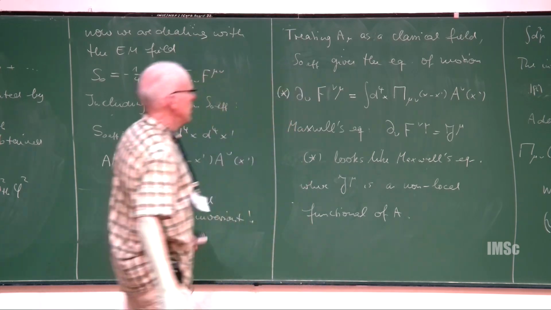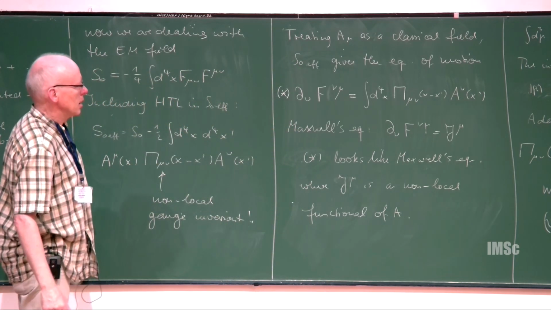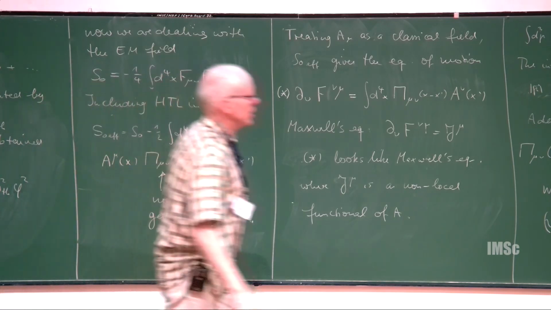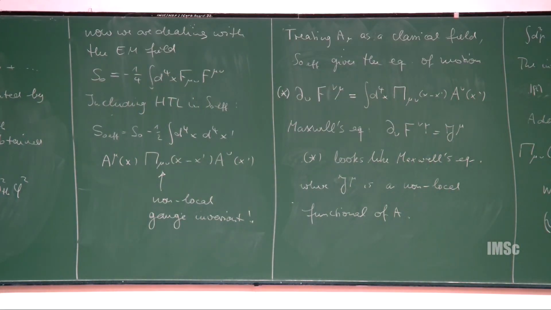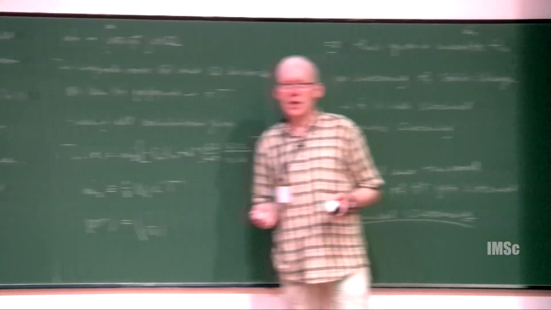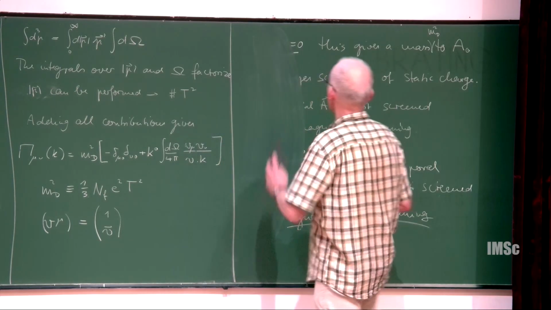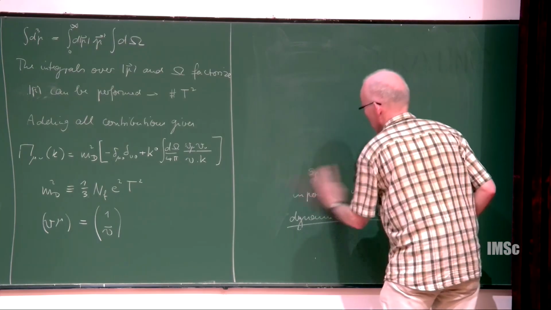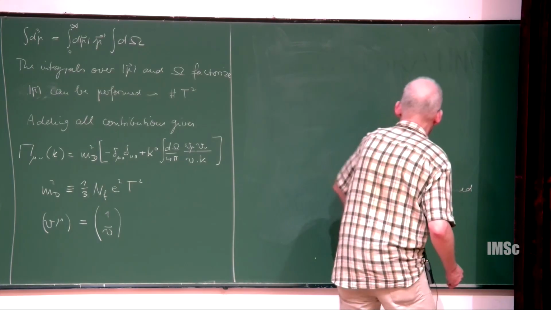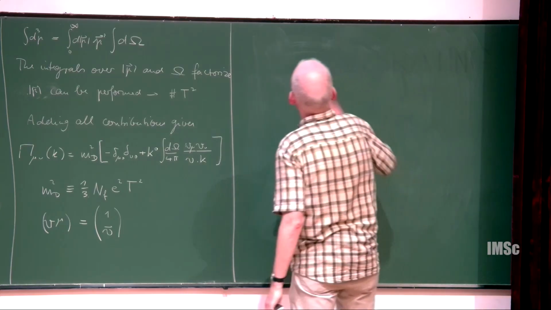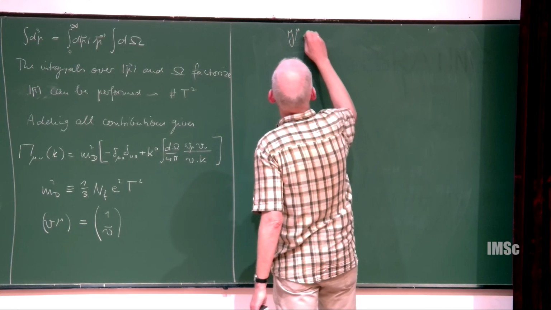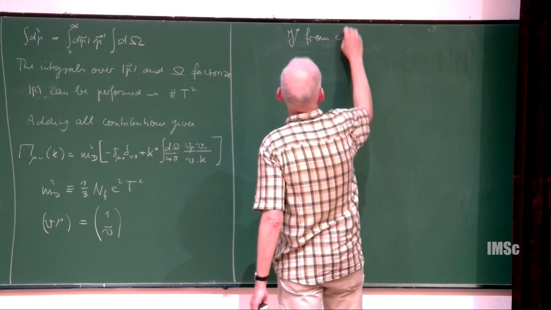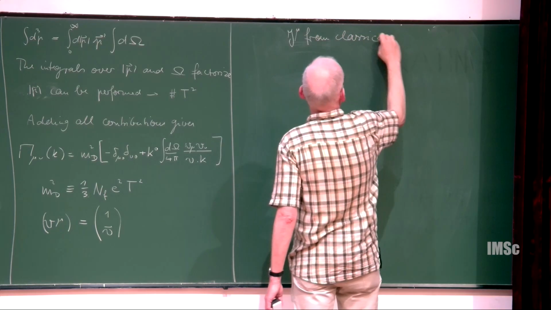Yeah, this looks very strange and complicated, but now I show you, well, I rederive the current here by looking at classical plasma physics. So I completely go away from quantum field theory and consider J mu from classical plasma physics.